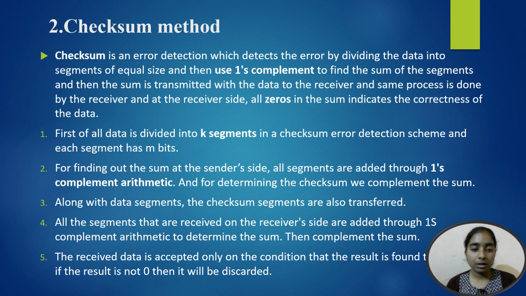All the segments received on the receiver side are added using ones complement arithmetic to determine the sum, and then the complement of the sum is taken. The received data is accepted only if the result is found to be 0, and if the result is not 0, it will be discarded.